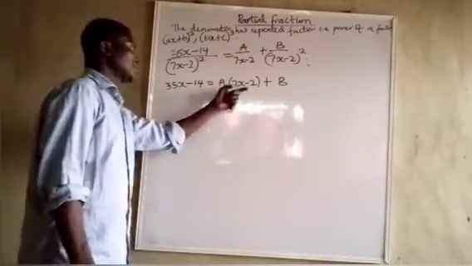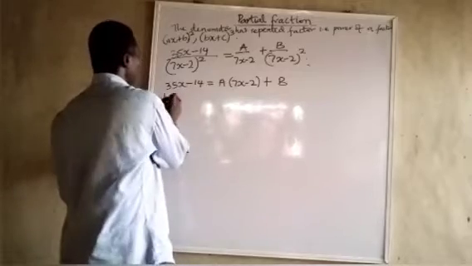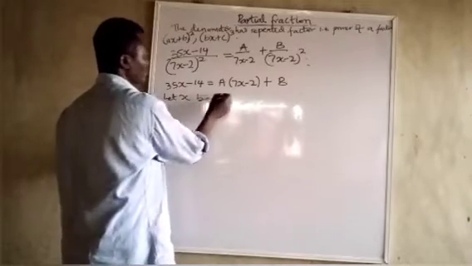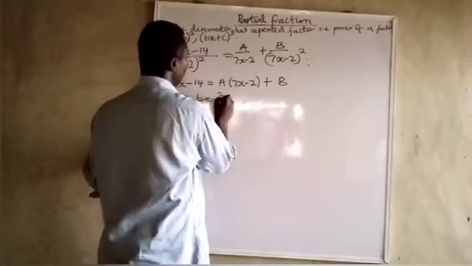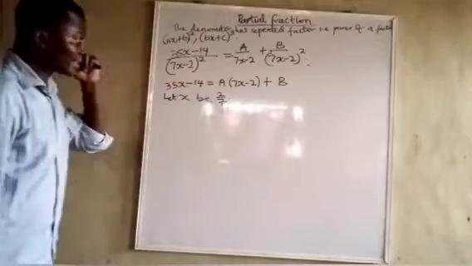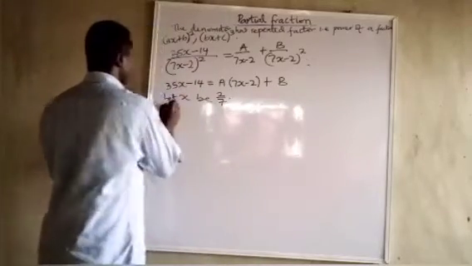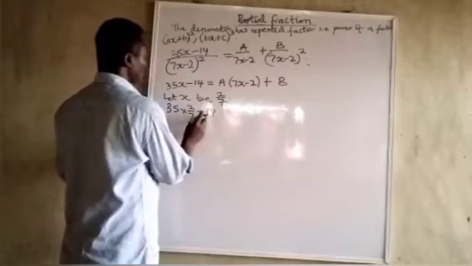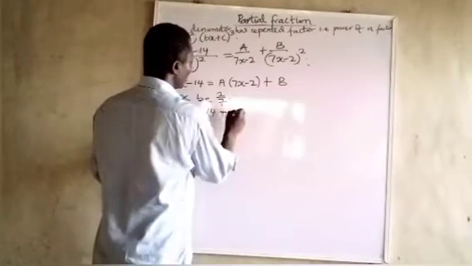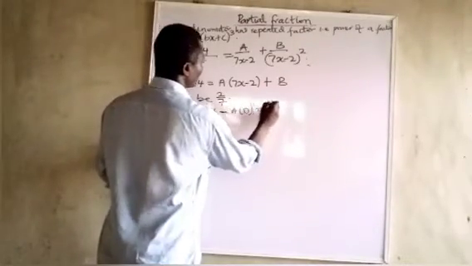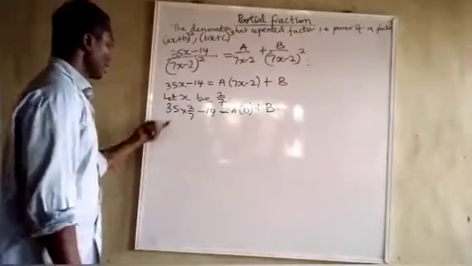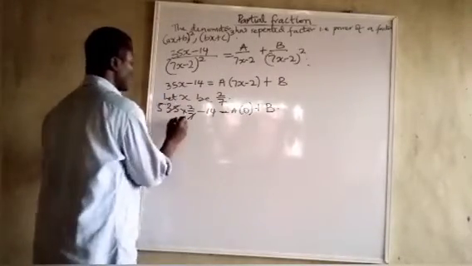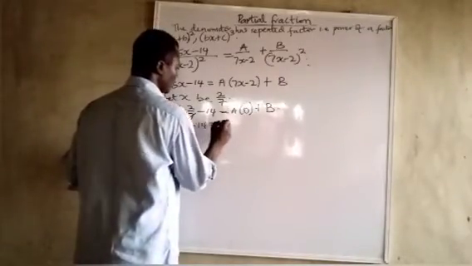If I want to zeroize this now, I can say let x be 2 over 7. So 35 times 2 over 7 minus 14 is equal to a into 0 plus b.